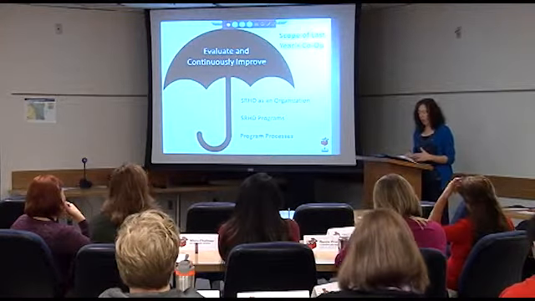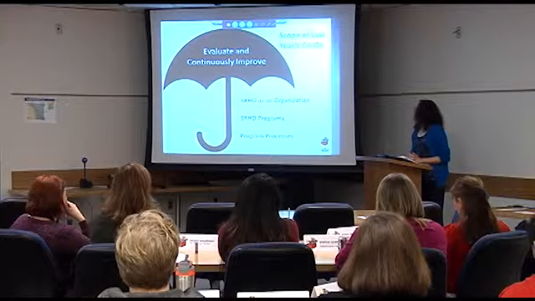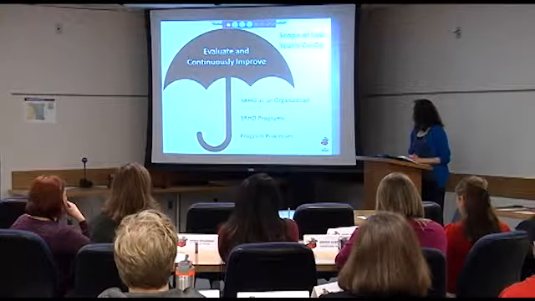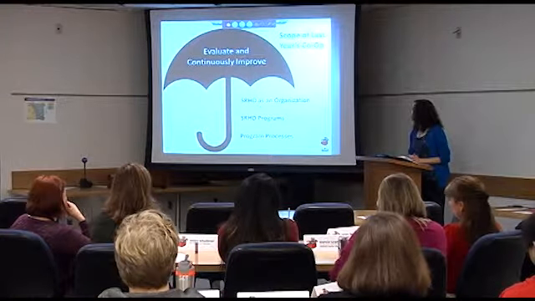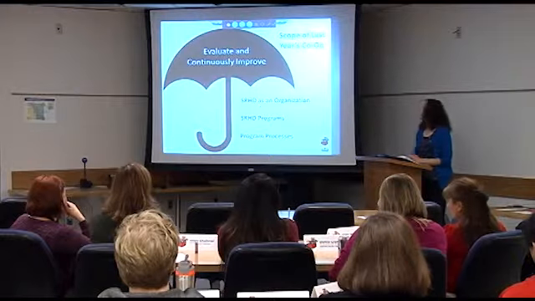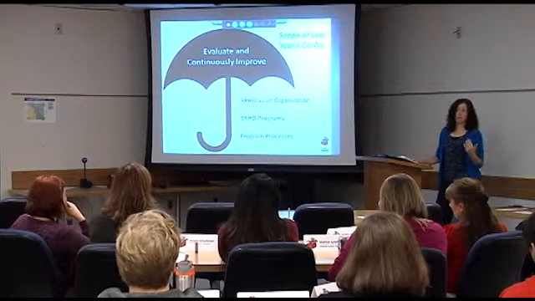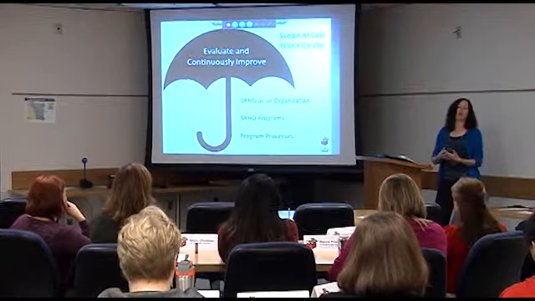So if we're talking big, for example, quality improvement at an organizational level, that's something that we do here. Think of it as system-wide. Our administration has made a decision, and so it really involves everyone.